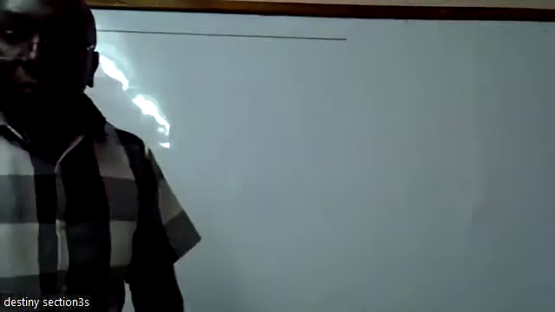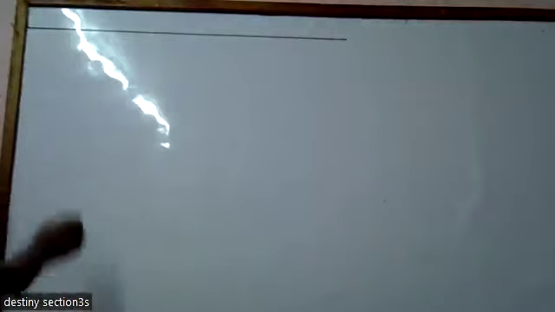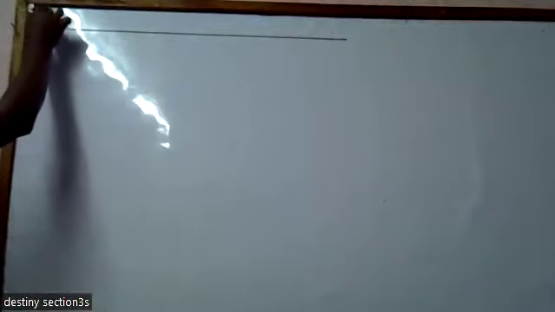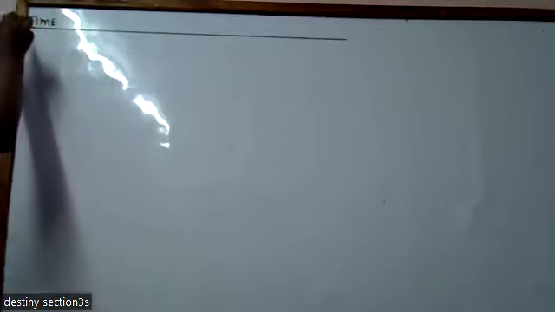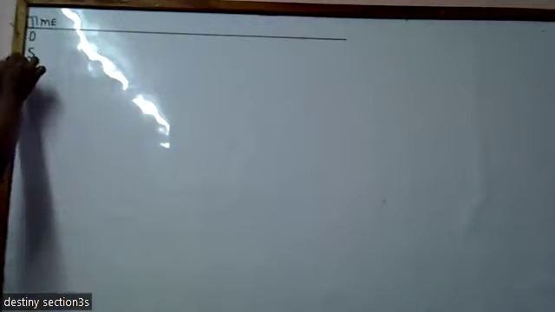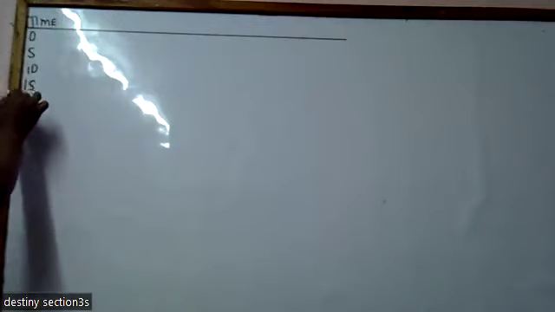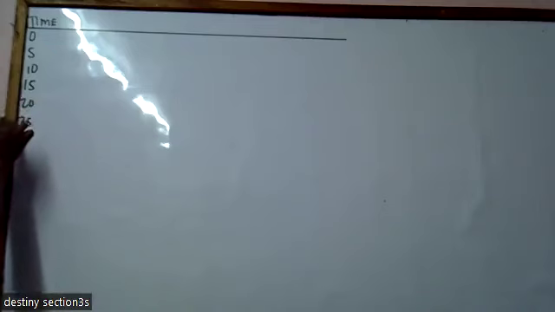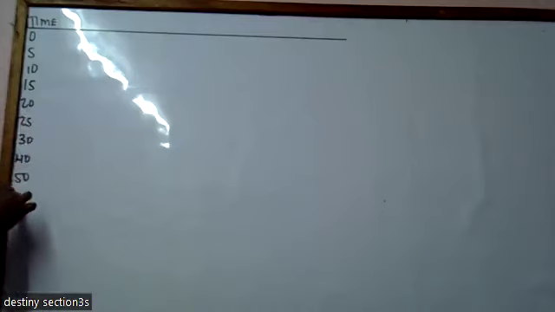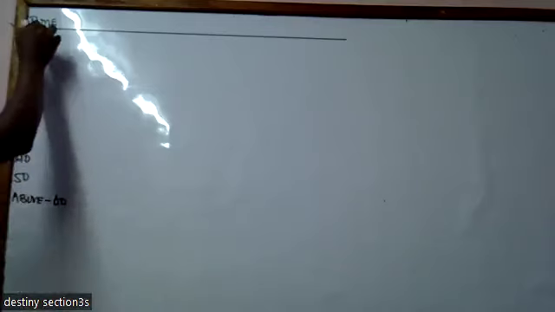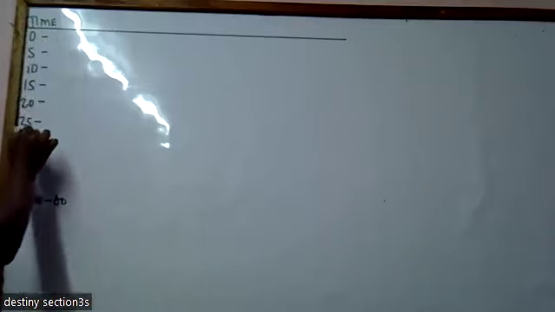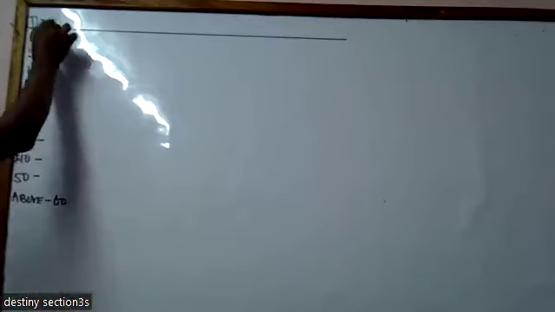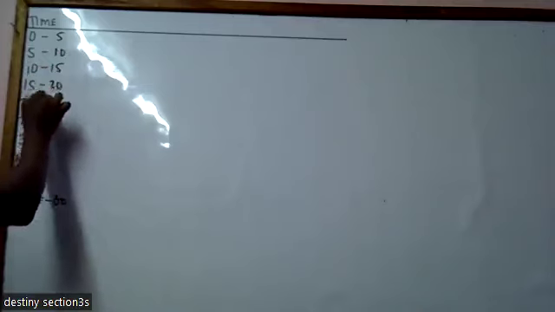So we just draw the table. We have the time: 0 to 5, 5 to 10, 10 to 15, 15 to 20, 20 to 25, 25 to 30, 30 to 40, 40 to 50, and 50 to 60.